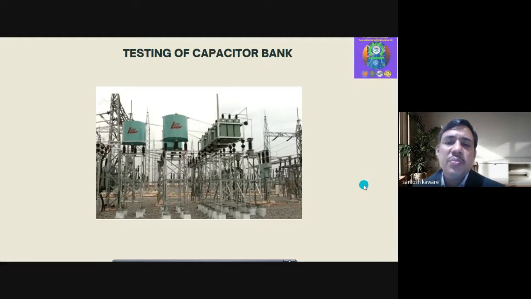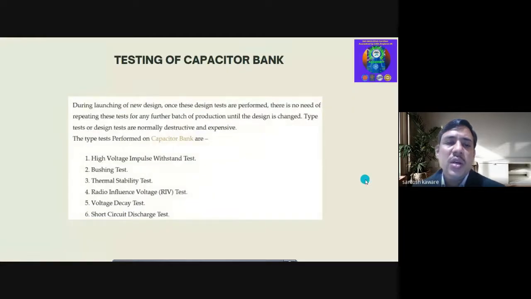For that, some methods are used, like the high voltage impulse withstand test, to check what will be the effect of an impulse, especially if it comes on a capacitor bank. Then there are leads of the capacitor bank where you actually connect the conductor. Those leads, that is the bushing, should also be tested. Your capacitor is healthy, but the terminal is weak, still there is a failure of the capacitor.